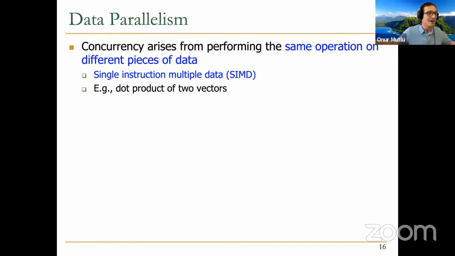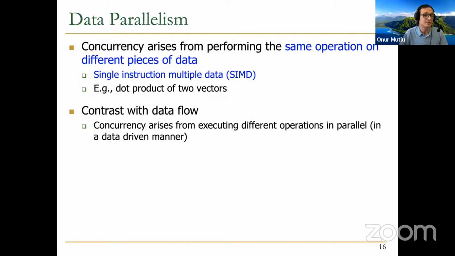So if you have huge matrices, for example, 1 million by 1 million, clearly you have a lot of parallelism because if you're doing matrix multiplication on those matrices, you're basically multiplying huge vectors, right? And essentially, a single instruction is specifying a lot of the same operations to be done on different pieces of data. So contrast this with data flow.